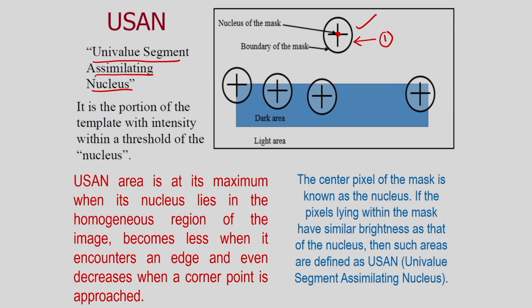Corresponding to the edge, you can see the nucleus, and the USAN area will be less compared to the homogeneous region. In the edge, the USAN area will be half, and at the corner points the USAN area will be minimum compared to the edge.